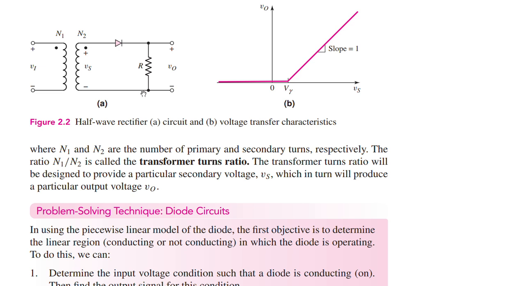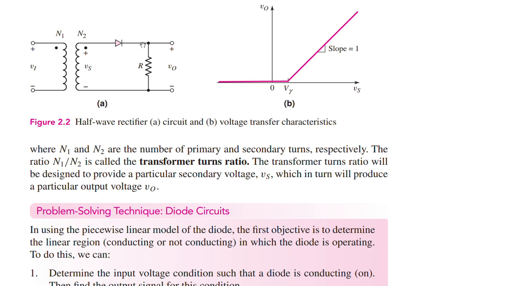Therefore, if we consider the bottom node as a reference node with 0 volts, then the voltage at this node will also be 0. Therefore, the largest voltage that could appear in the reverse direction across the diode will happen when this node is at the lowest voltage. So if we assume that the sinusoidal input voltage has a peak value of Vp, then during the negative half cycle, the voltage on the anode side will be minus Vp.